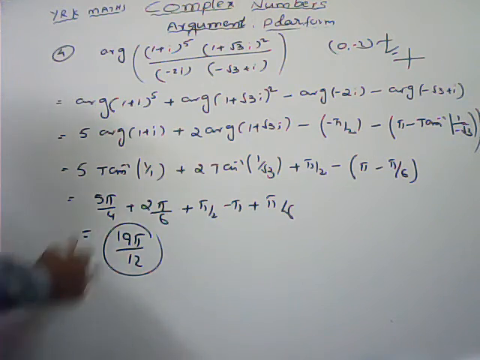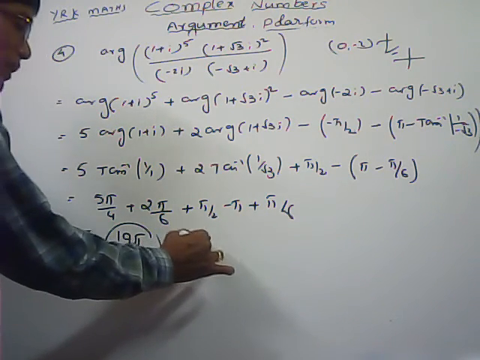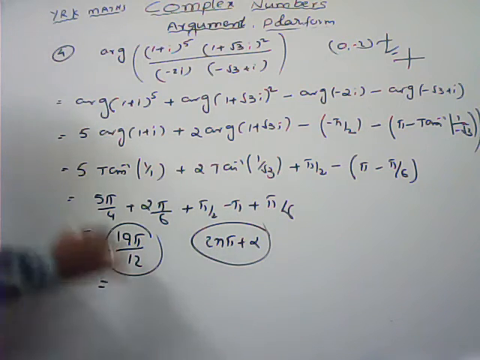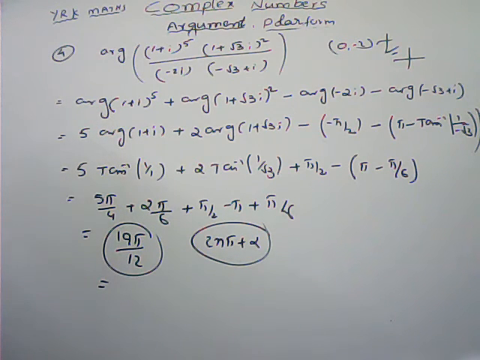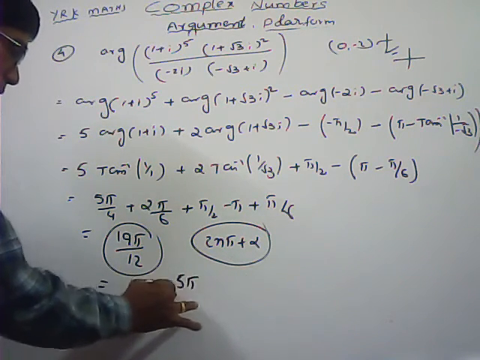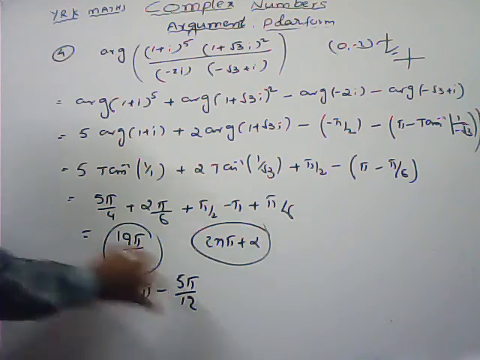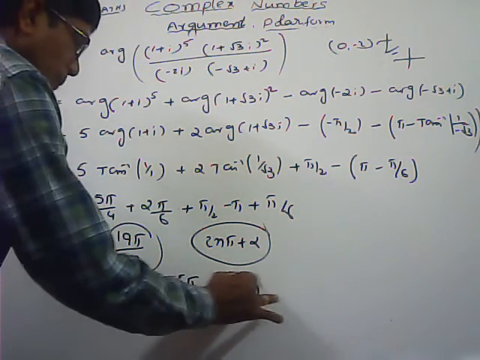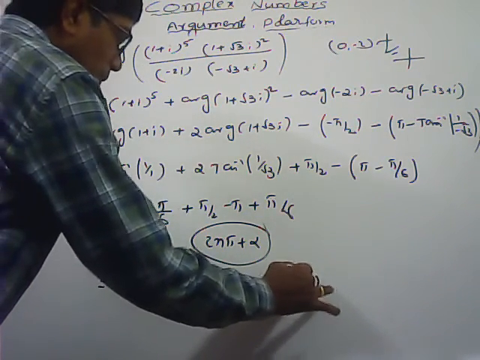To get it in the form of 2n pi plus alpha only, how to write in that form? Here, 2 pi minus 5 pi by 12. 24 minus 5, that is 19 only. So that is equal to 2 pi plus minus 5 pi by 12.